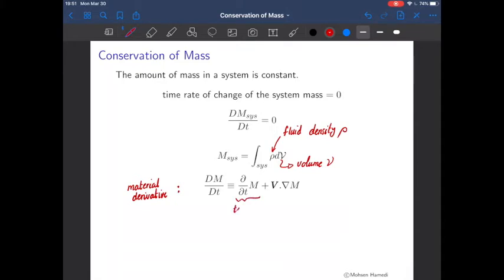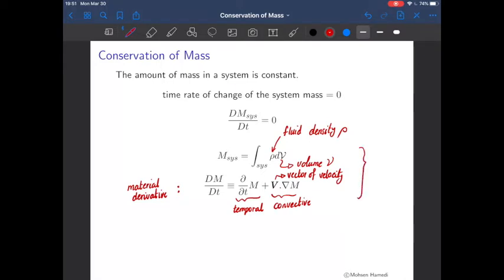Here the first one is called the temporal derivative, and this term is called the convective derivative, where here this V is the vector of velocity of the flow.